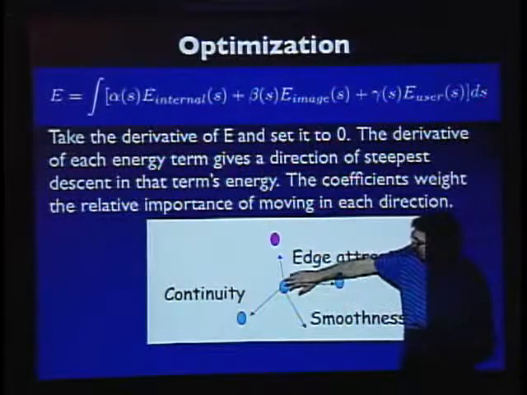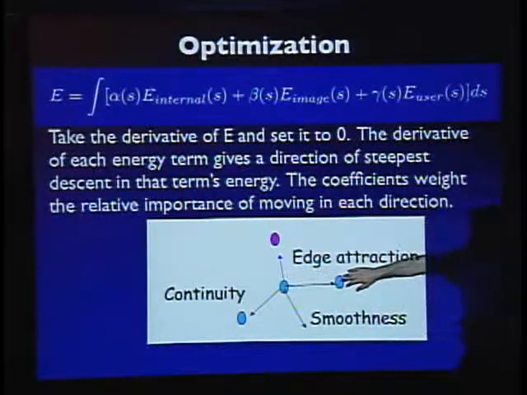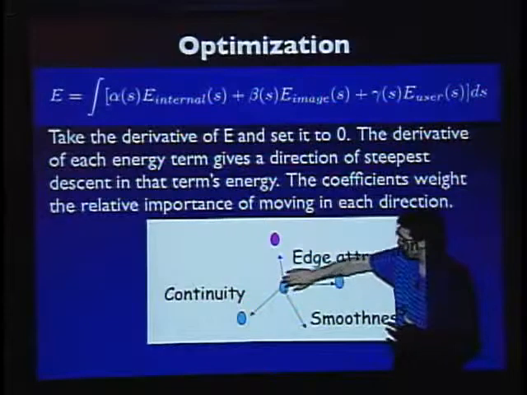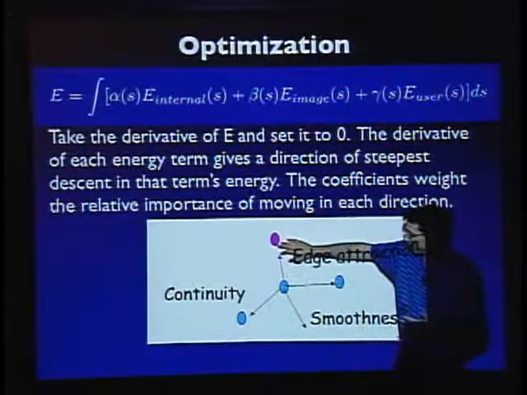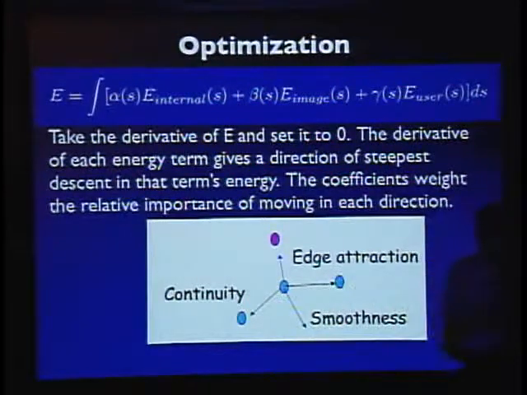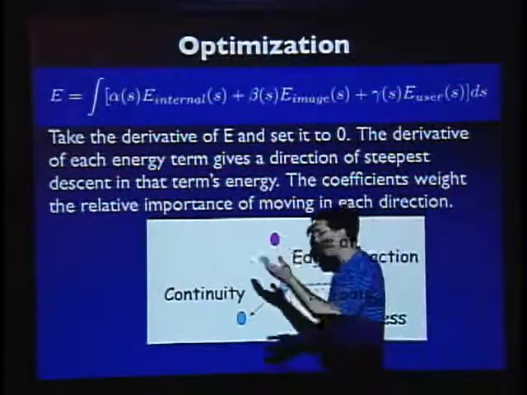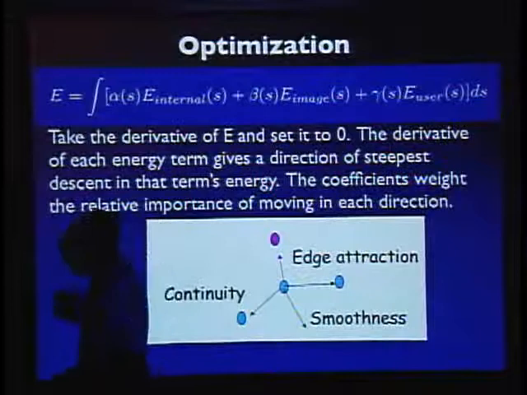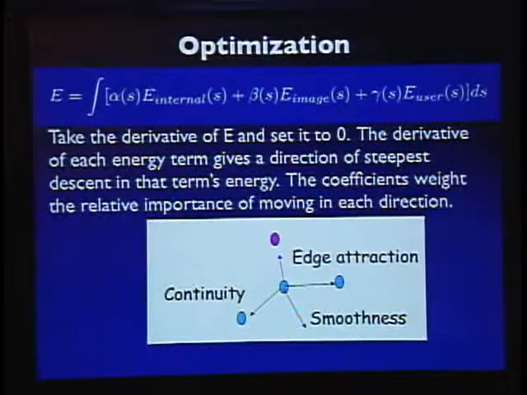There's a direction that you can go in to make it as smooth as possible, to go towards the edges, the high gradient areas, as much as possible, and to be as continuous or smooth as possible. Really what you are going to do is try to find some kind of middle ground between all three of these requirements. And again, you have this alpha, beta, and gamma, which help you to upregulate or downregulate one of the terms or the other as you see fit.